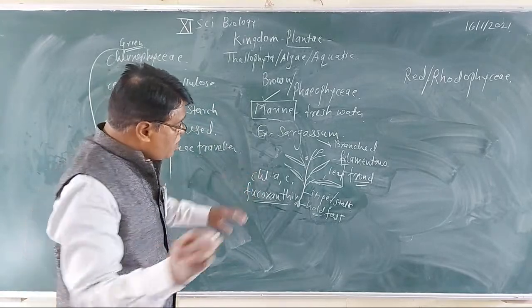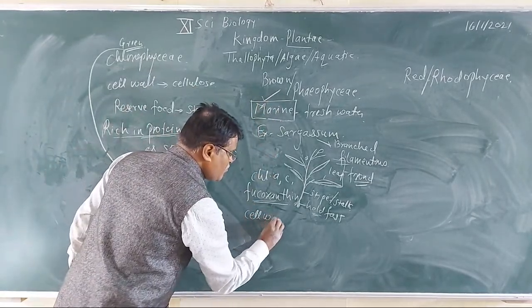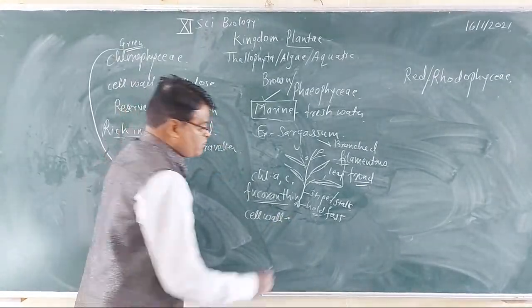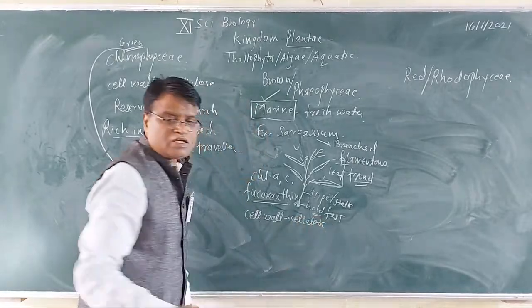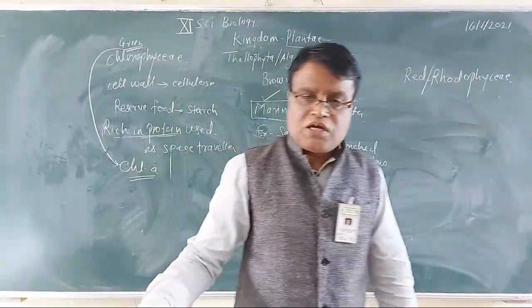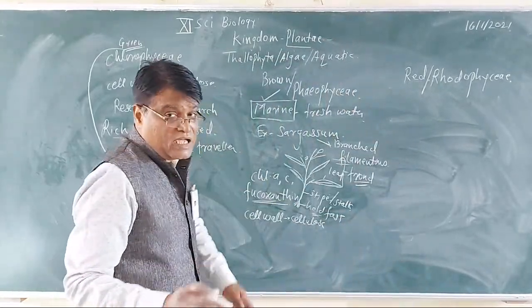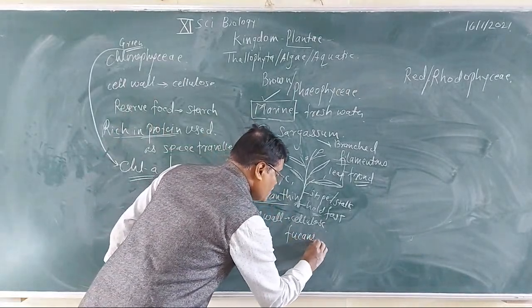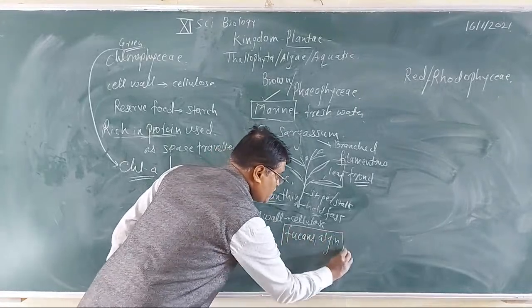Fucoxanthin pigment. Now the cell wall is made up of cellulose, and again one more, fucans and algin. Fucans and algin, it is an important one.